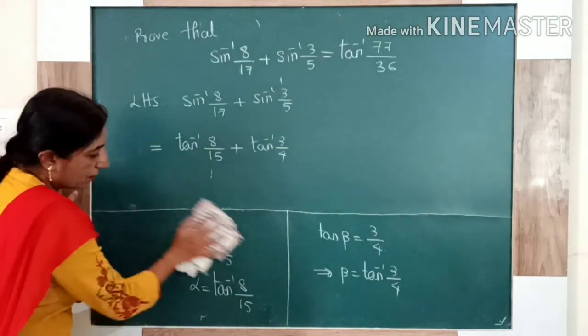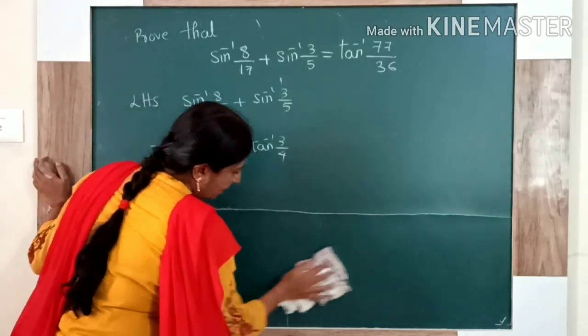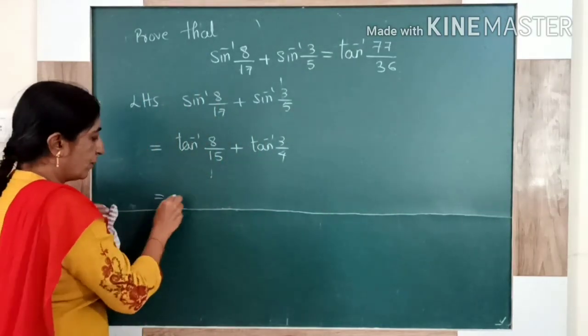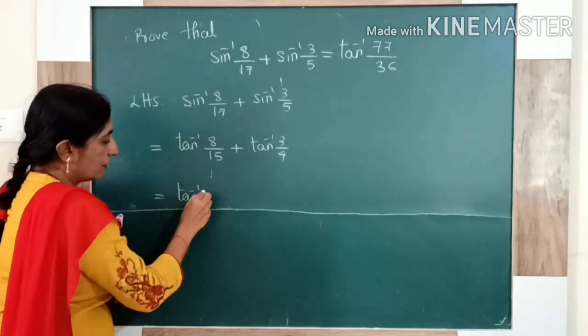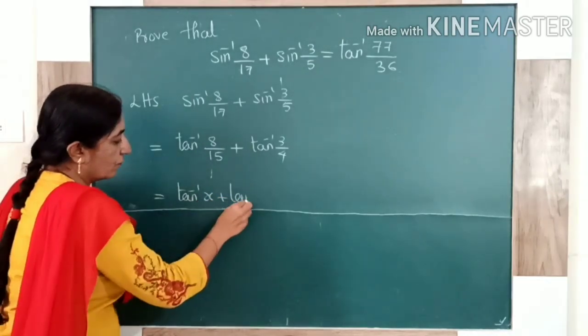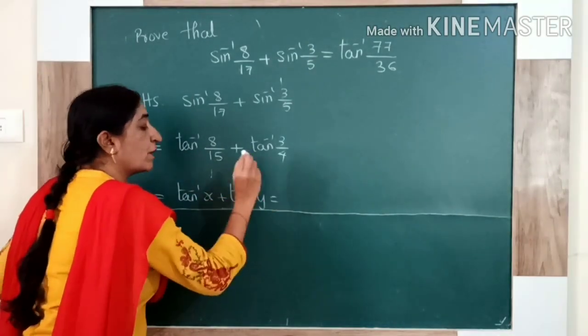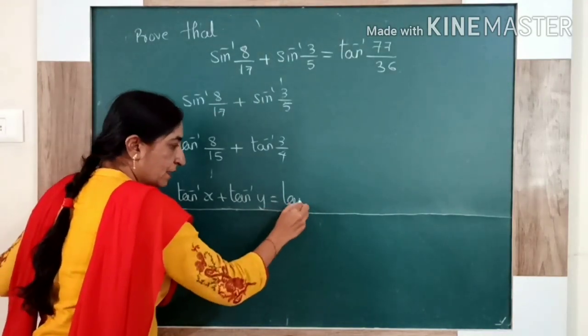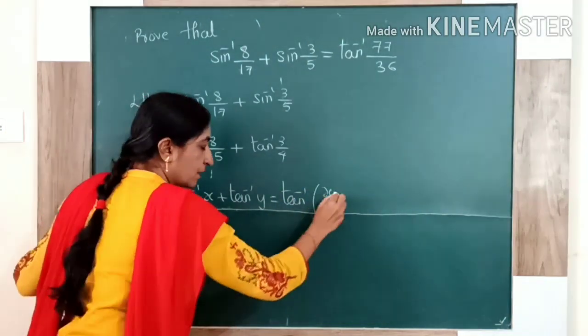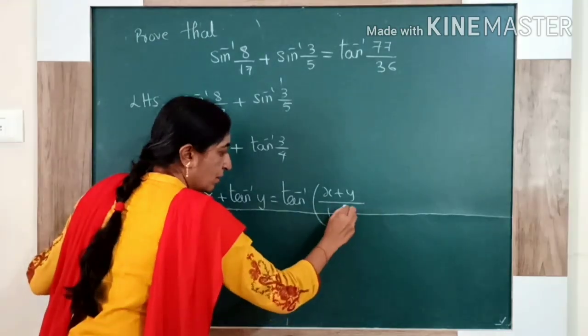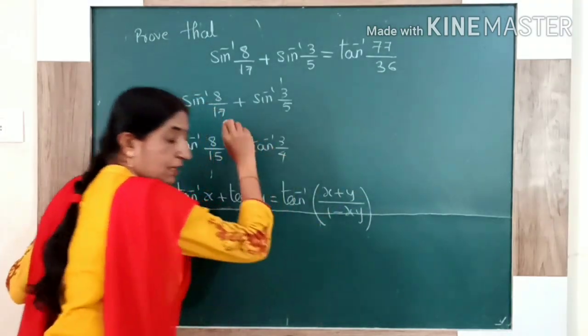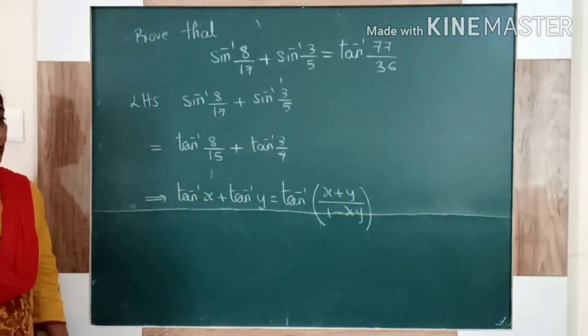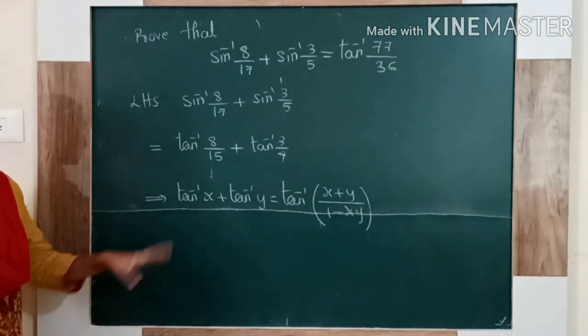See students, now have you remembered this? This is in the form of tan inverse x plus tan inverse y. So which formula are you applying? Tan inverse x plus y upon 1 minus xy. Students, can you try the remaining part?